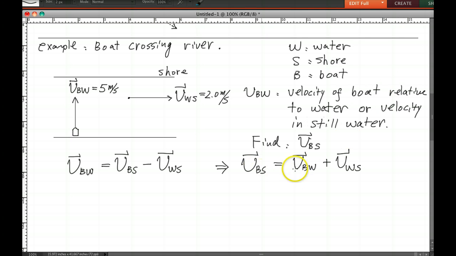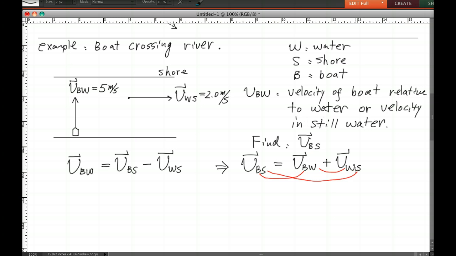When you form this kind of addition equation, you can see this pattern. In between these two vectors added together, you have the exact same letter in between them. And then the B is over here, and the S is here.